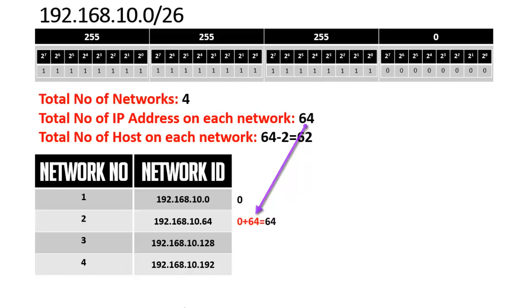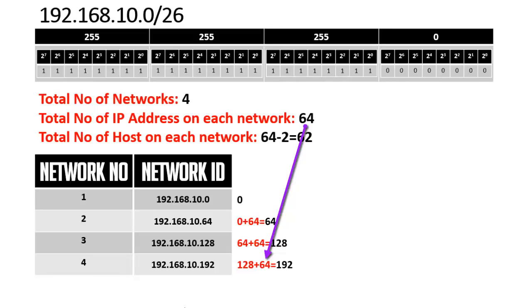The third network ID will be 64 plus 64, 128, so it is 192.168.10.128. What will be the fourth network ID? It will be 128 plus 64, which is equal to 192.